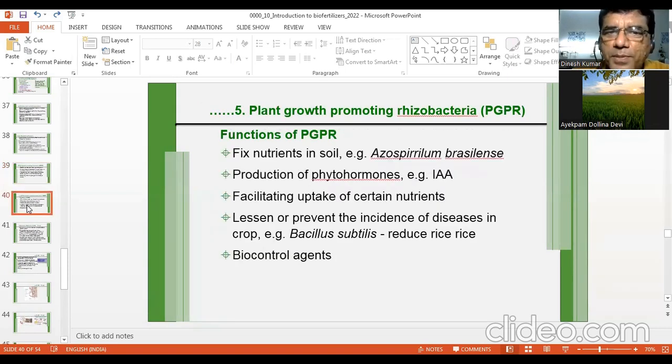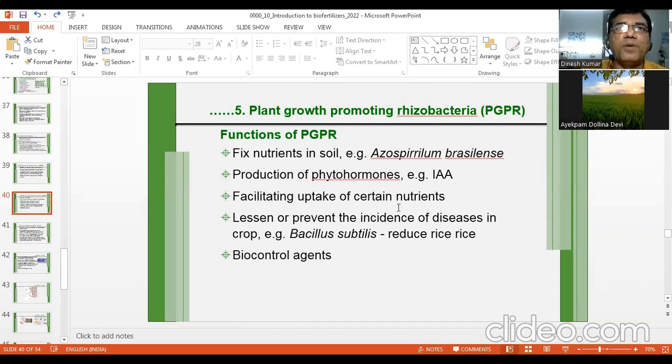What are the roles of PGPR? The beneficial ones fix nutrients in soil, like Azospirillum brasilense, and produce phytohormones, like indole acetic acid. You have seen that Azotobacter releases indole acetic acid and some release gibberellins, facilitating uptake of certain nutrients, like Bacillus subtilis. Bacillus subtilis is known to mobilize or solubilize phosphorus.